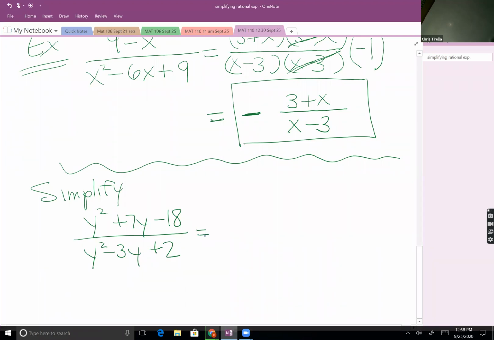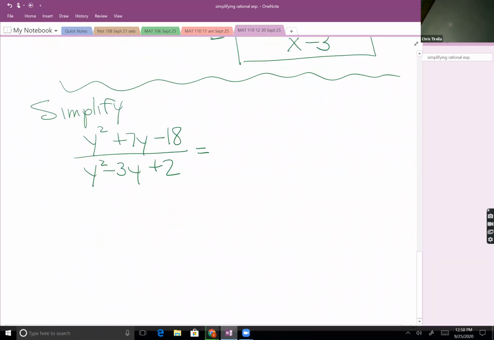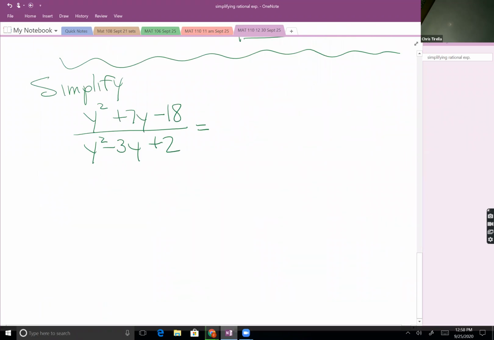I'd like to have you folks try this one on your own first. I'm going to give everybody about a minute and a half. Please remember, fractions are fun if you factor first. The only hint I'm going to give is make sure you factor before you try to reduce.